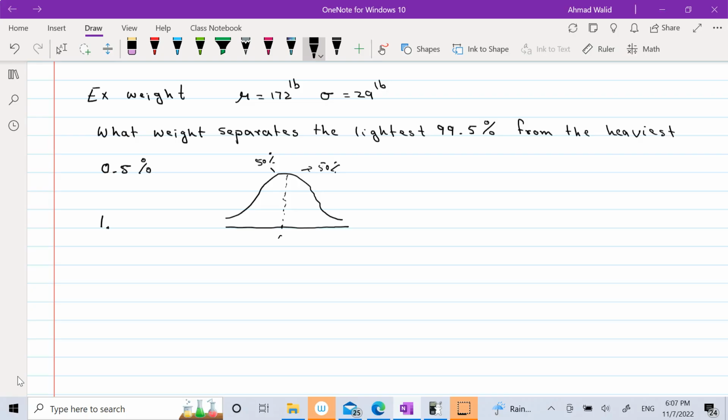Of course, if this is 0, this side is the highest or upper, correct? In this example, this is the heaviest. This side is heaviest, correct? And this side will be your lightest, correct?